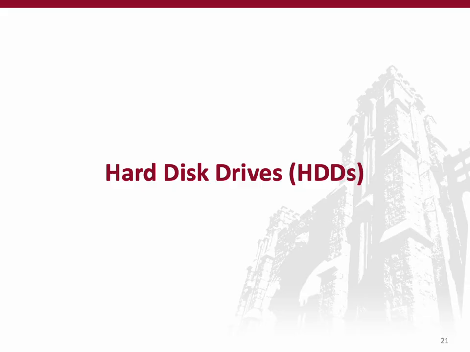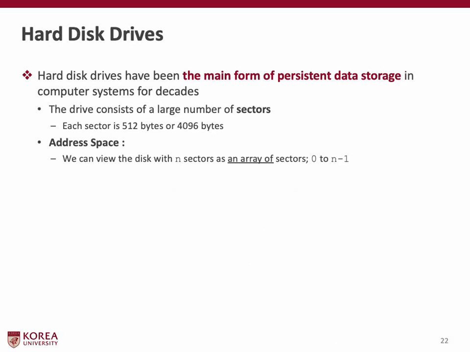Okay, then this time let's take a closer look at real storage devices, starting with hard disk drives. Basically, hard disk drives have been the main type of persistent storage in computer systems for many years. Each drive contains a large number of sectors, and each sector holds 520 bytes or 4096 bytes of data.